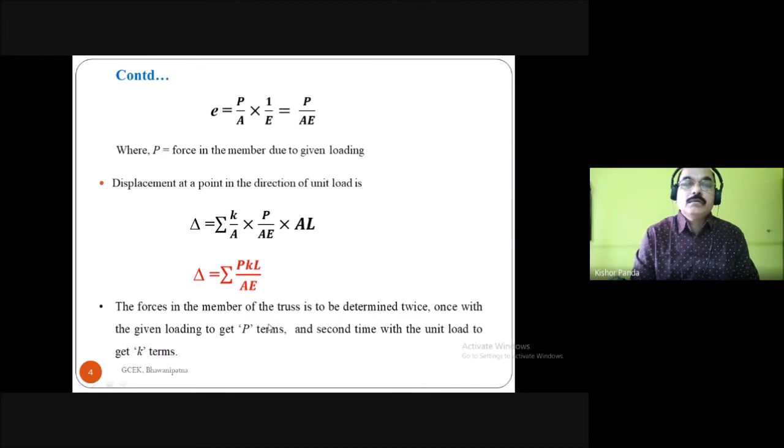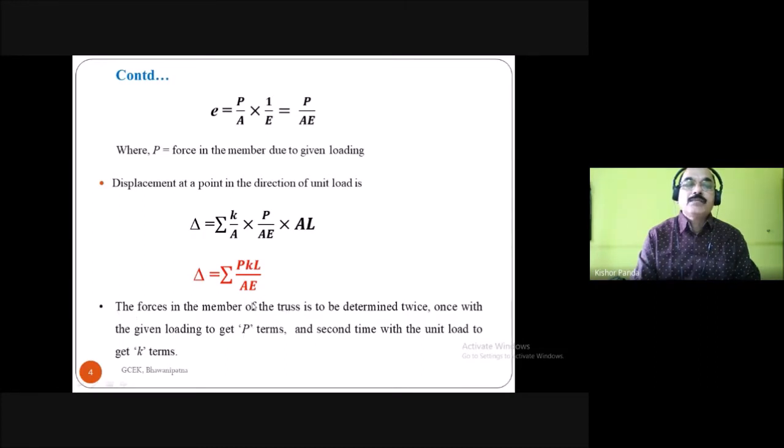Once with respect to the given loading, by considering this load you find the forces in the members. Then you apply the unit load where the deflection is required, and by considering this unit load, you find the forces in the members of the truss.